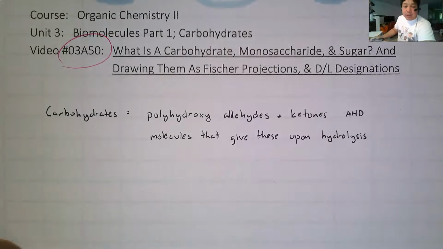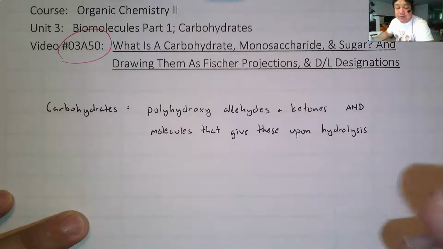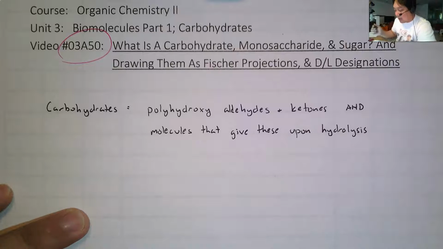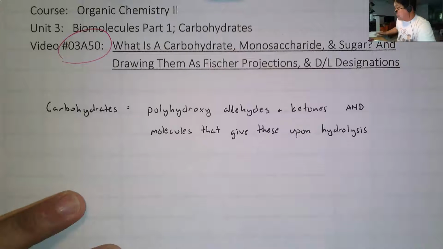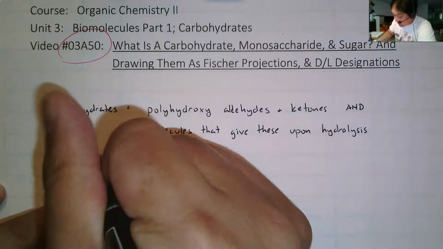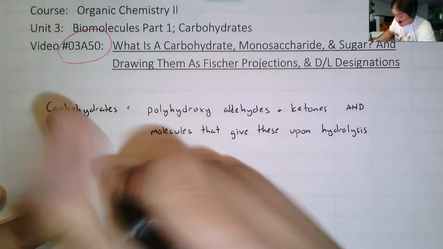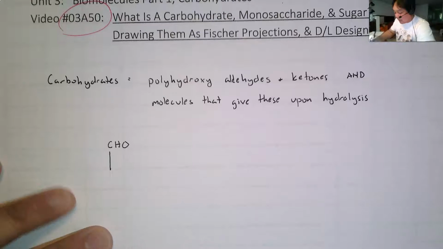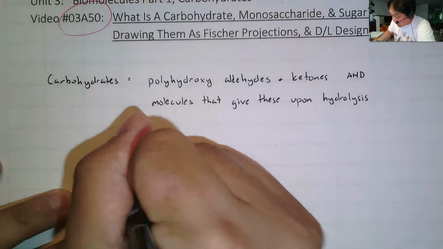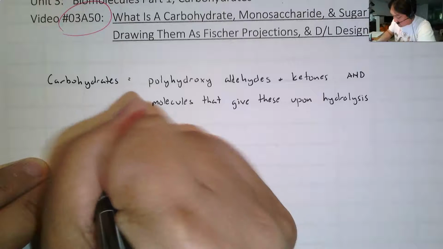Before we take a look at a carbohydrate, in particular glucose, let me show you very simple carbohydrates. The first one is glyceraldehyde. So there's your aldehyde. I'm drawing this as vertical lines and horizontal lines.